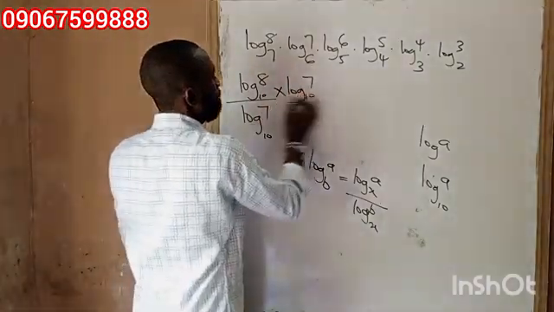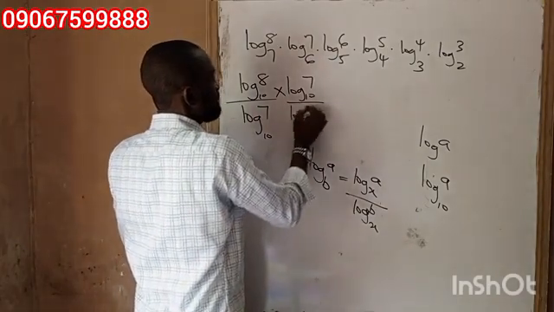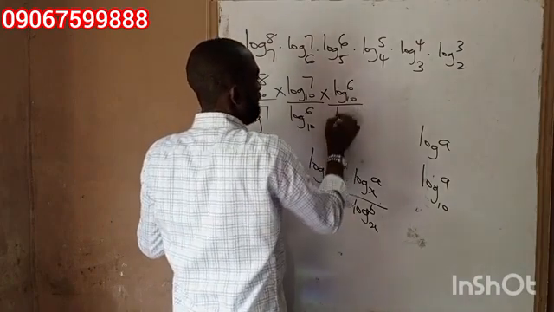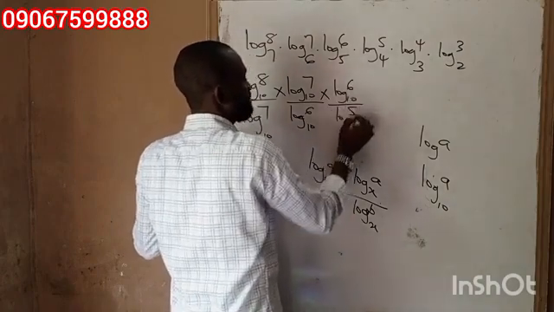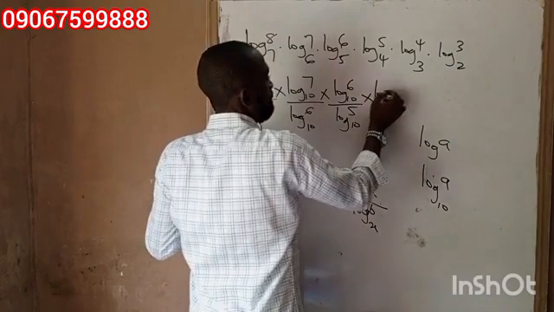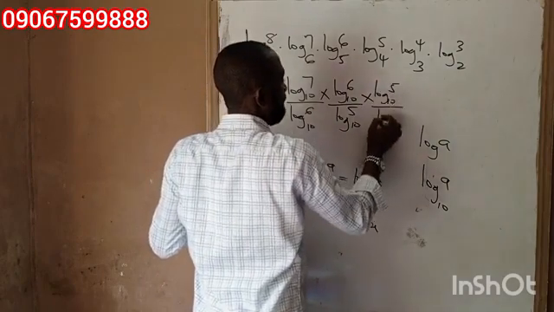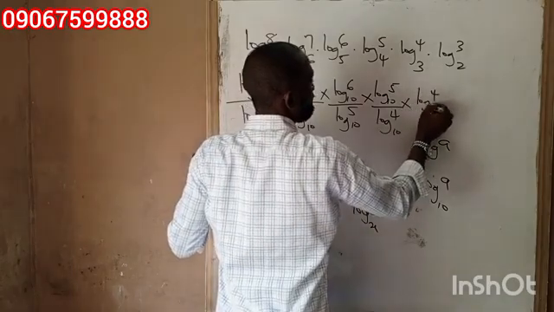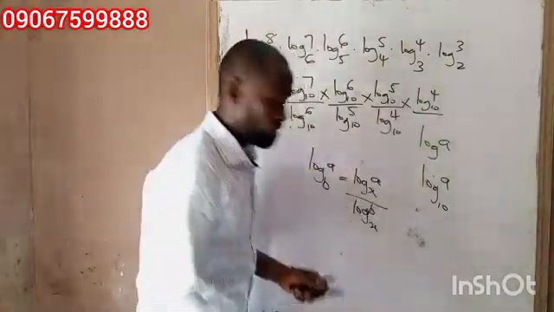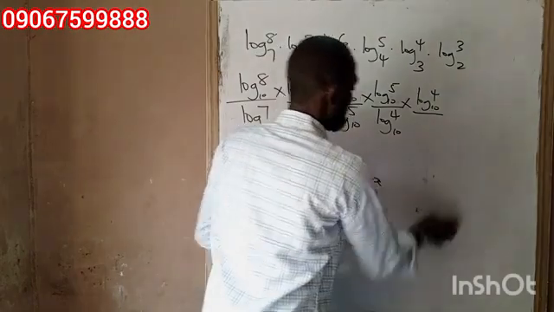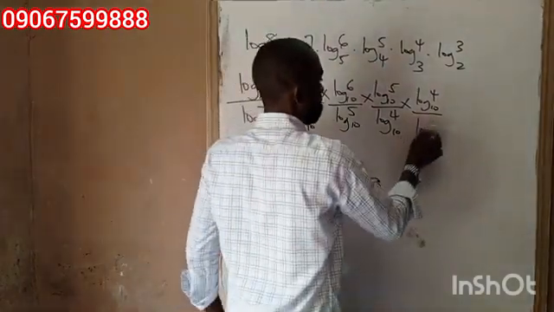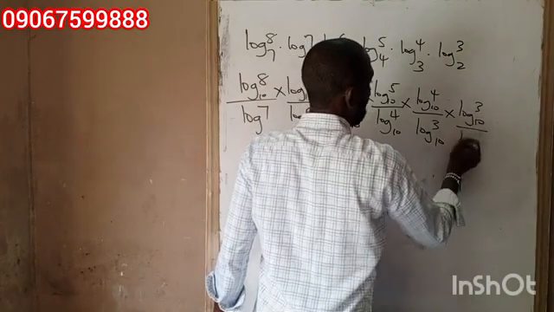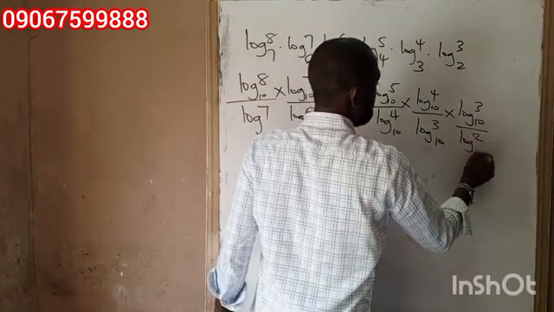Log 7 base 10 all over log 6 base 10 times log 6 base 10 all over log 5 base 10 times log 5 base 10 all over log of 4 base 10 times log 4 base 10 all over log 3 base 10, then times log 3 base 10 all over log 2 base 10.